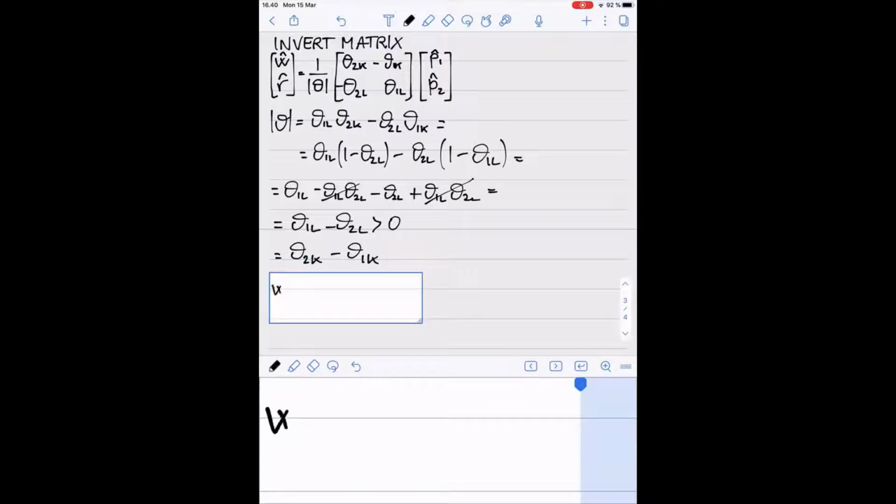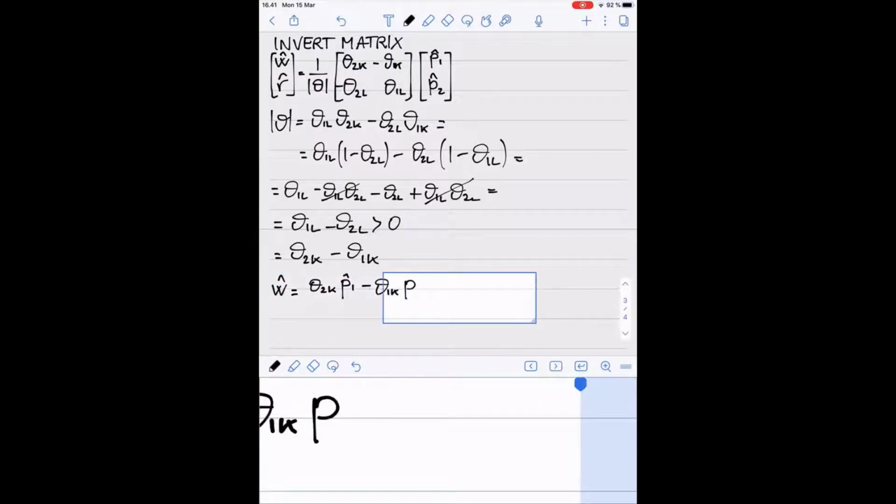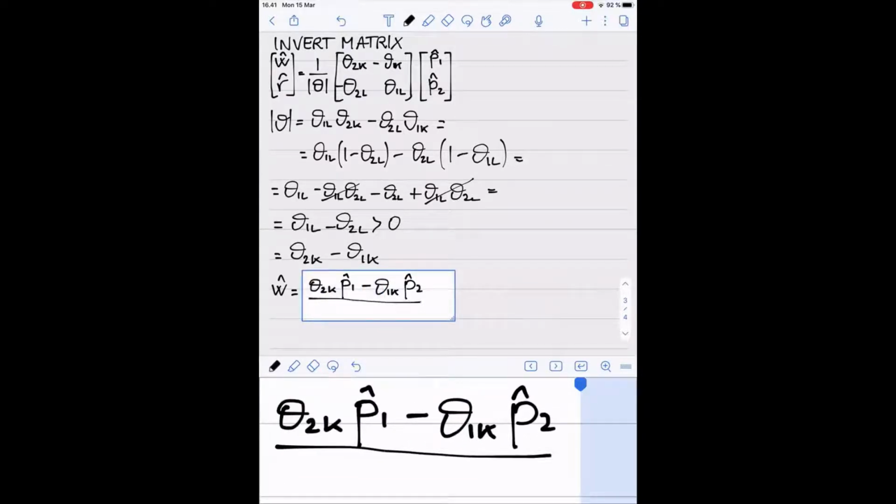So the change in wage equals theta 2K P hat 1 minus theta 1K P hat 2, all divided by the determinant.